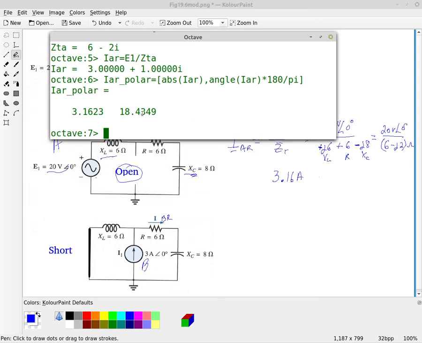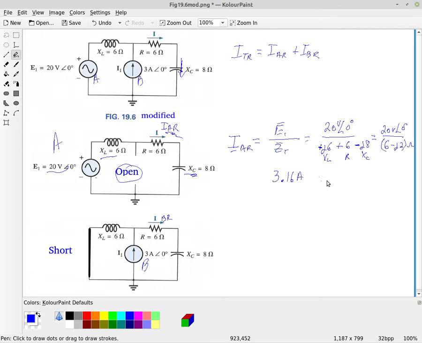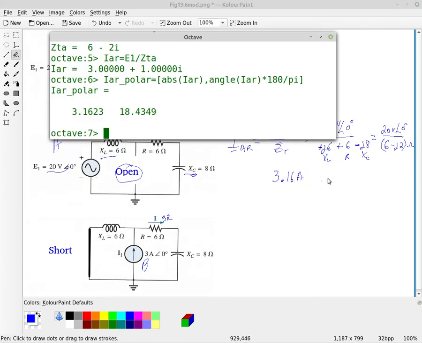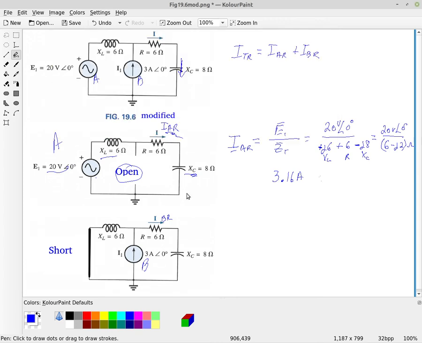Remember, the current is leading here, so it's going to be positive 18.4 degrees. That is my current for the source A.